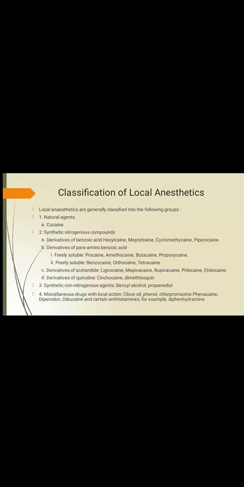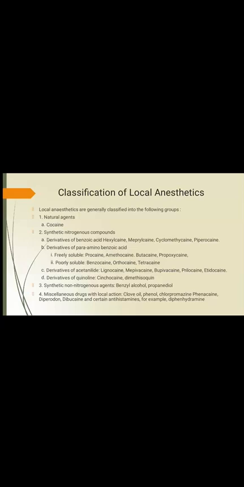So students, next part is the classification of local anesthetics. Local anesthetics are generally classified into the following groups. Number 1, natural agents, for example, cocaine. Number 2, synthetic nitrogenous compounds.